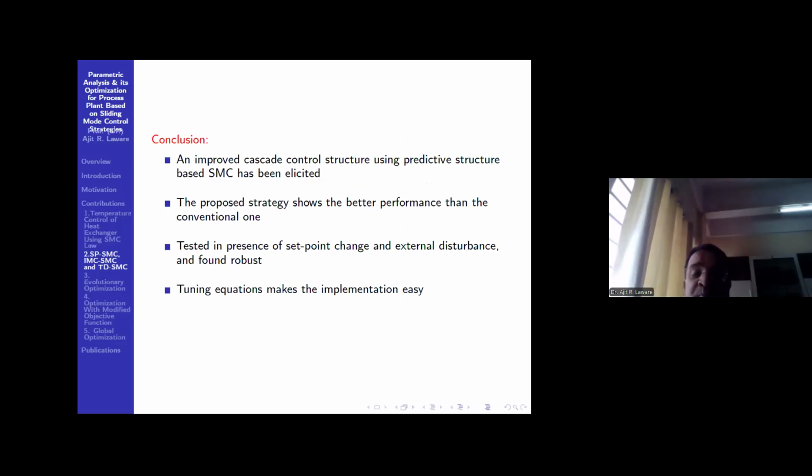So, from the predictive structure based SMC, it has been elicited that it gives better performance than the prevalent control strategies.